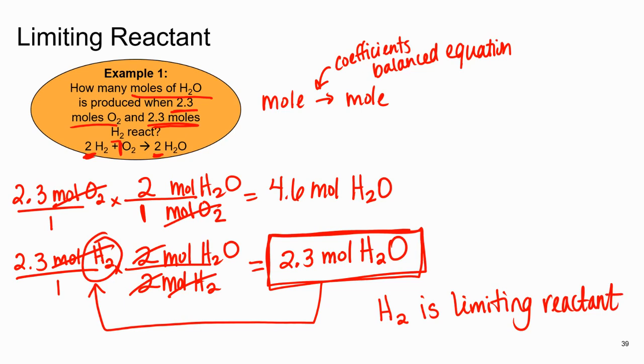It allows us to only be able to produce 2.3 moles of water. Sometimes folks mistakenly add up these two values, or they subtract them, or they do some calculation. But all we're doing is picking the smaller one and ignoring any larger values. We can only make the lesser amount in a limiting problem.